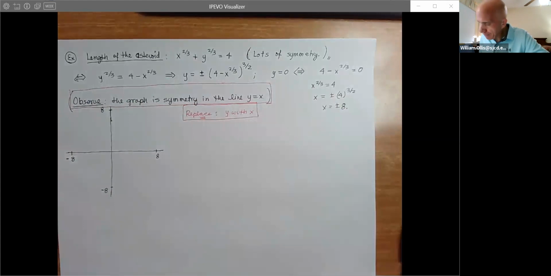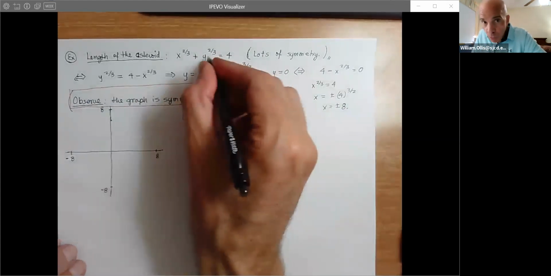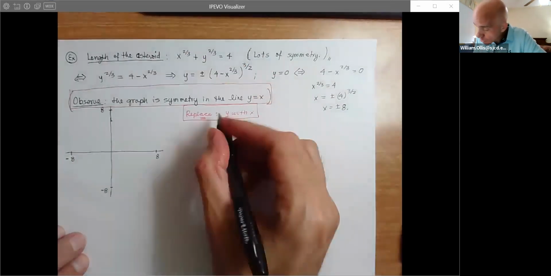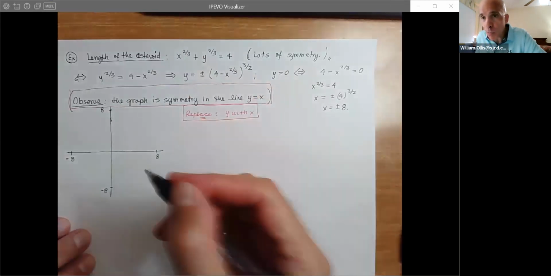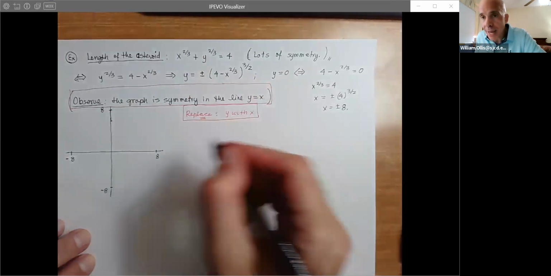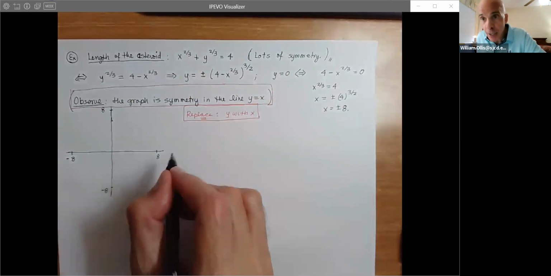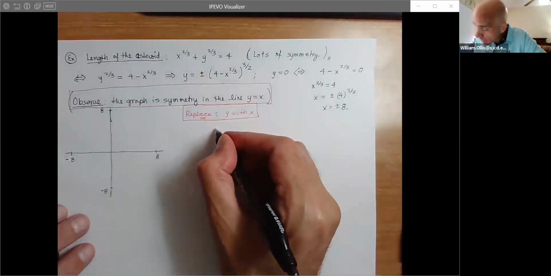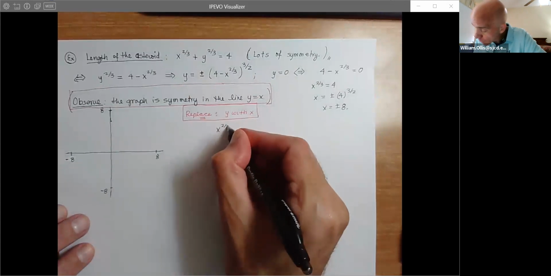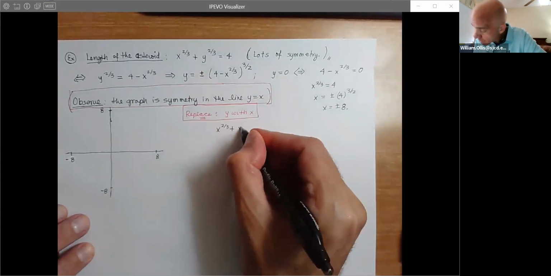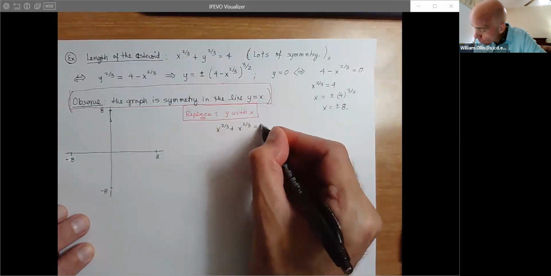So with that, right up here, we'll get 2 copies of x to the 2/3. I basically want to see when x is equal to y, what's the value, so we can get an interval of integration. Now we have x to the 2/3 plus x to the 2/3 equals 4.